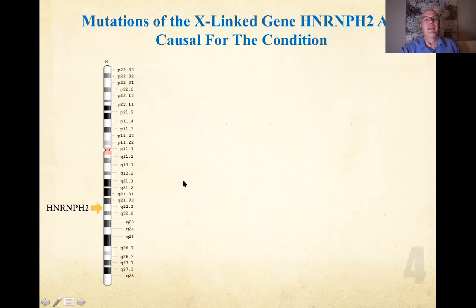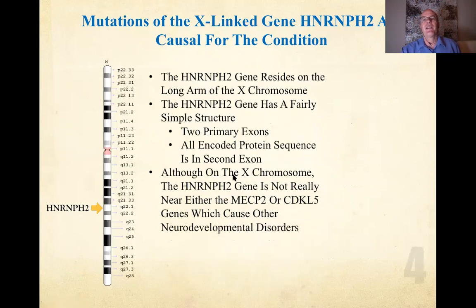Now, as I mentioned, mutations of this gene, which is X-linked, are causal for the condition. In this cartoon, we see a schematic of the X chromosome and where the gene for HNRNPH2 resides. It resides on the long arm of the X chromosome, shown here. Structurally, it has a fairly simple structure.